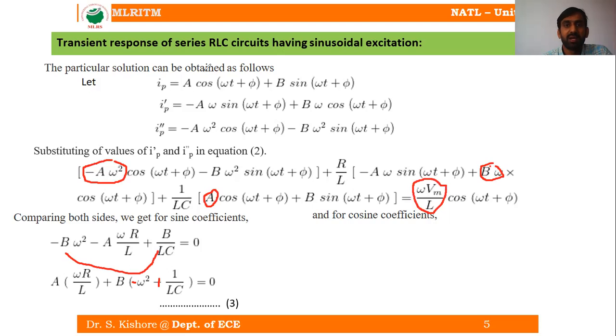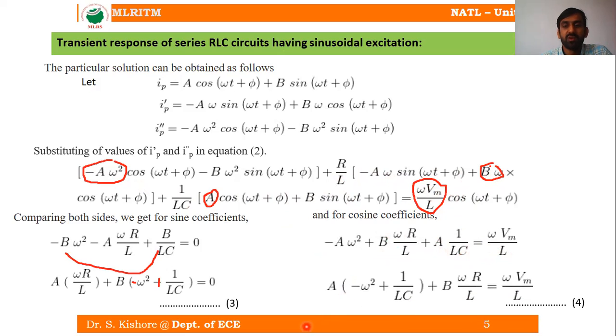So let us write this equation. So minus a omega square plus b omega r by l plus here, what is the other one? A by lc, which is equal to omega bm by l. Right.